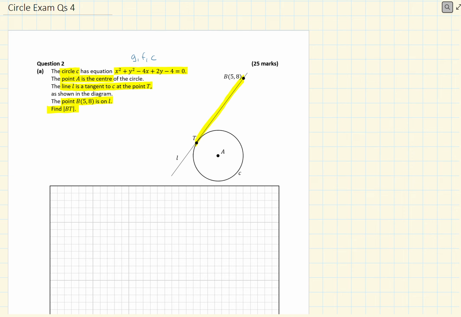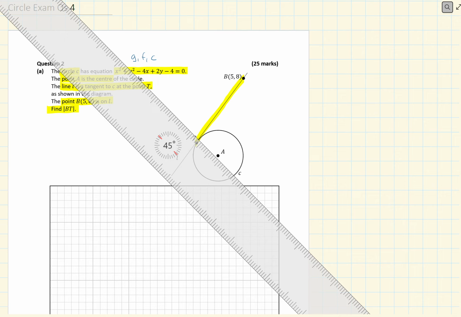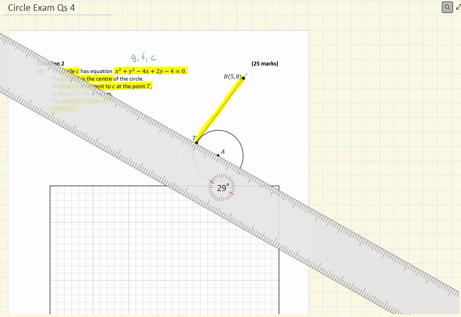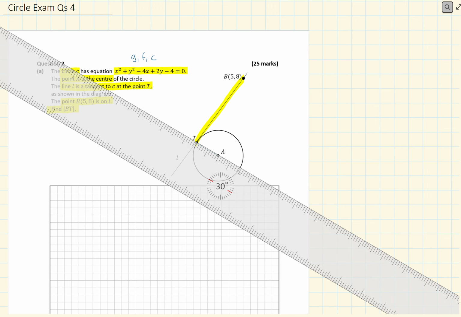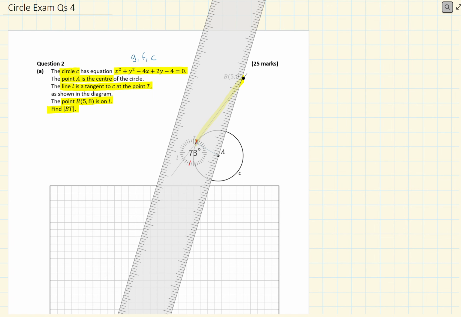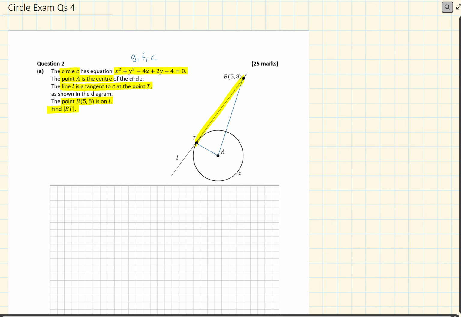So first thing I'm going to do is, when I see that distance there, I know because I have my tangent, the angle formed is 90 degrees. I'm going to join A and B together, and it forms a right angle triangle.